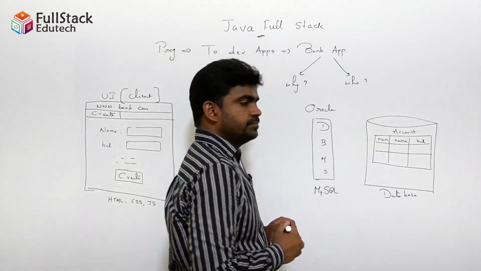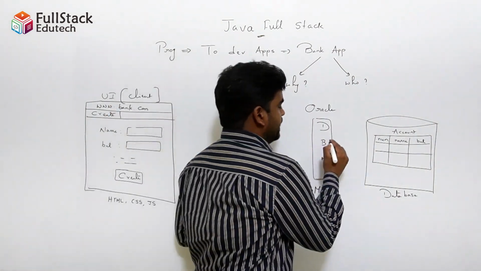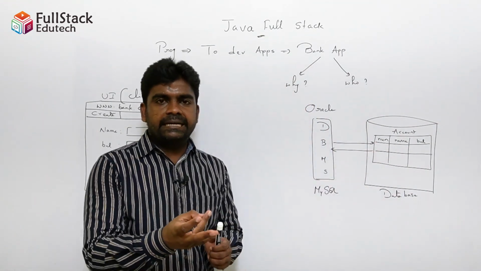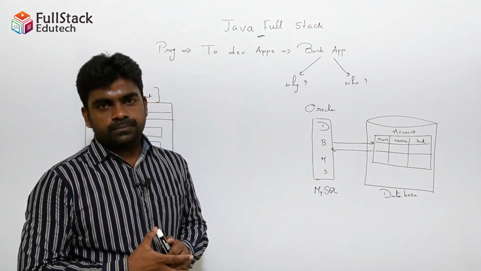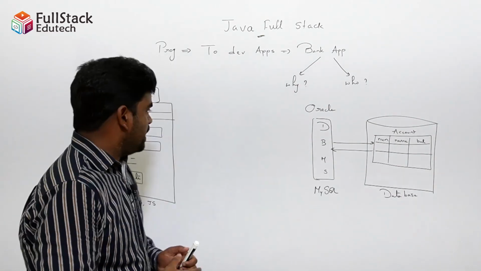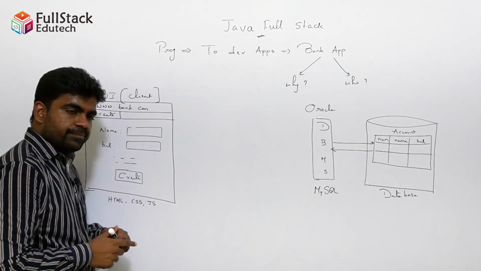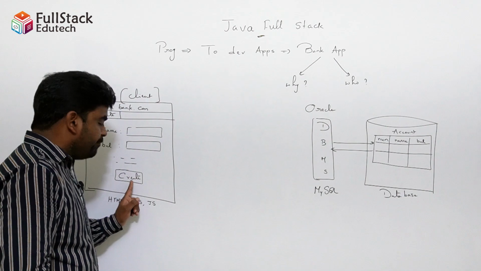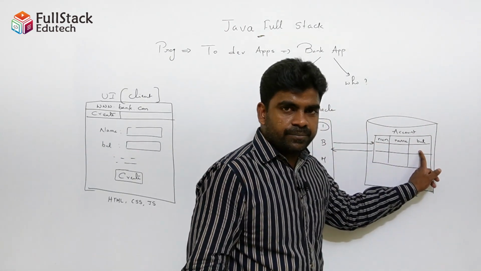Using the database management systems, we can perform all the operations: create, delete, update, insert, every simple operation. Whenever we insert account number, name and balance, when they click on the create button, that information has to go and be stored in the database permanently.